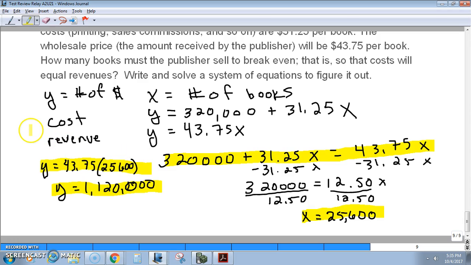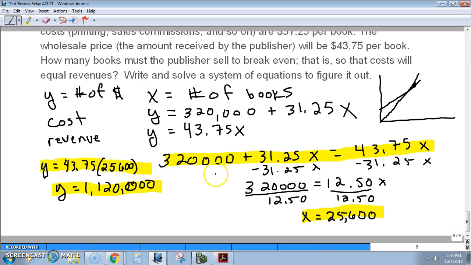So what does that mean in this book? Well, that means if I have a graph, they're going to cross right there. Here's my costs. Here's how much money I'm making, and they're going to cross right there at that point.